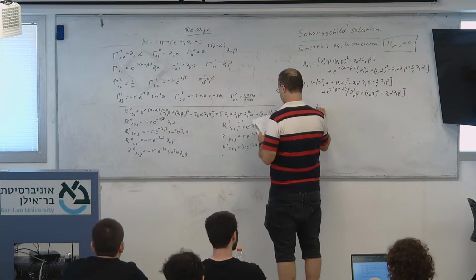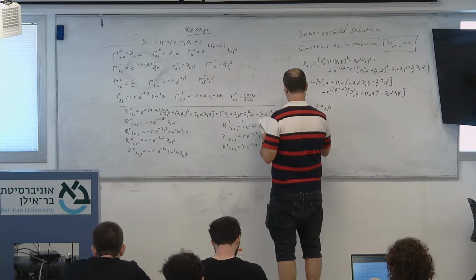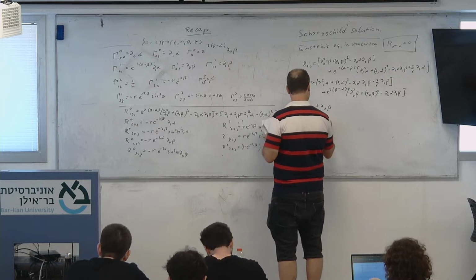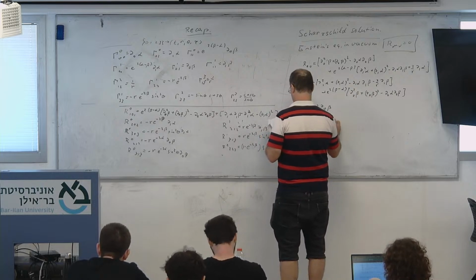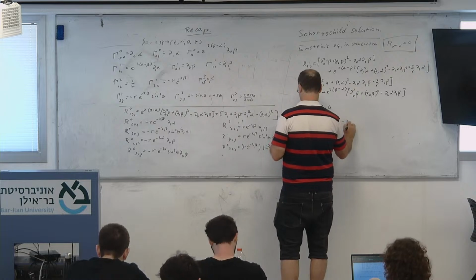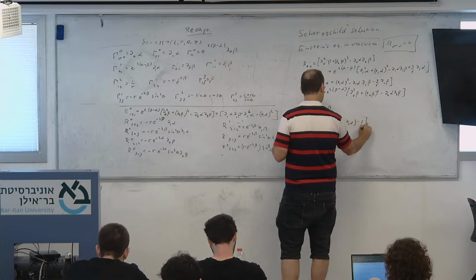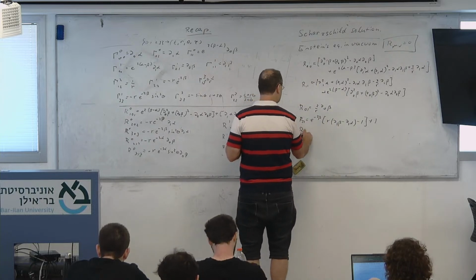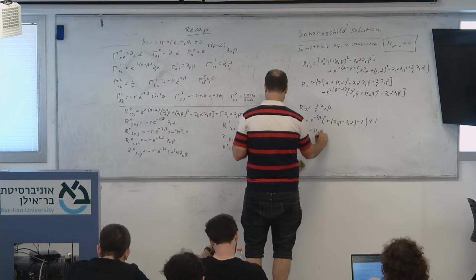R01 is 2 over r d0 beta. R22 is e to the minus 2 beta times r d1 beta minus d1 alpha, minus 1 plus 1. And R33 is R22 times sine squared.